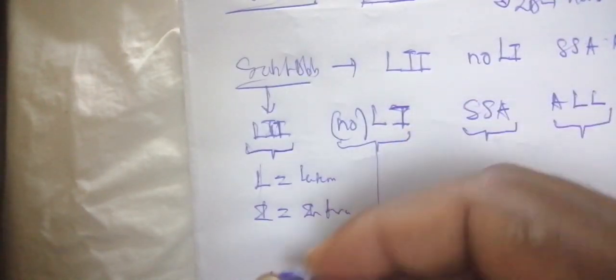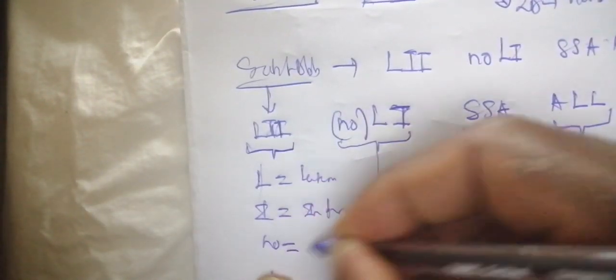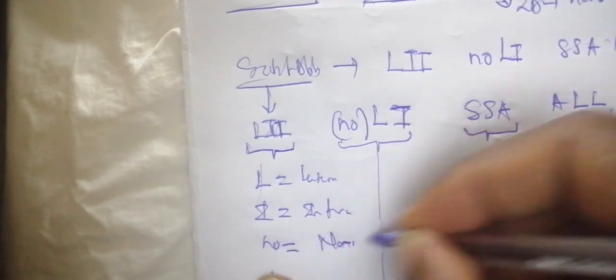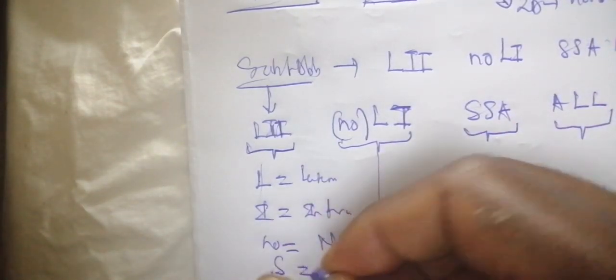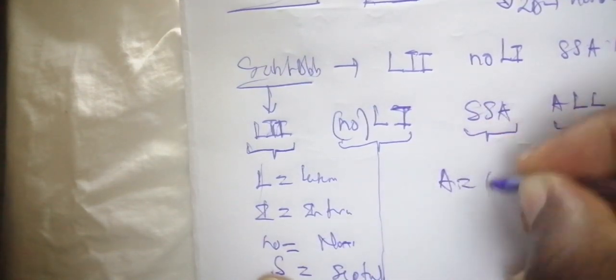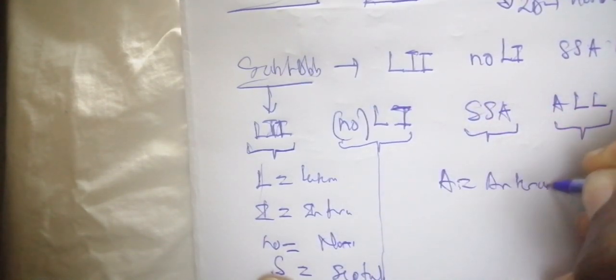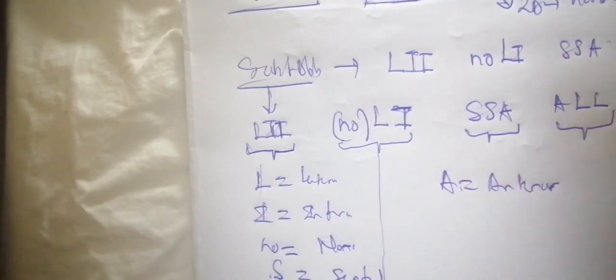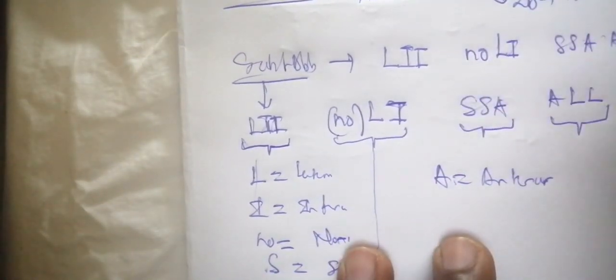You have to know that L corresponds to lateral, I corresponds to inferior, O corresponds to no representation of the heart, S corresponds to septal, and A corresponds to anterior. Is it clear? So those are the different words that you have to cram in order to know the 3-dimensional visualization of the heart.